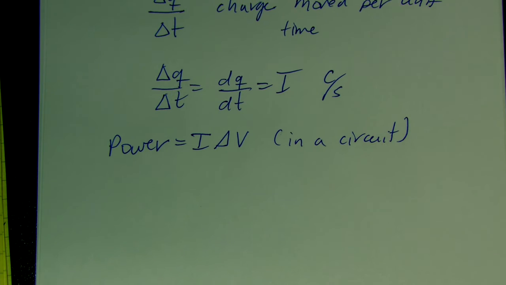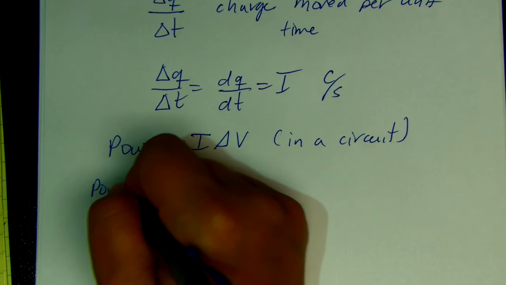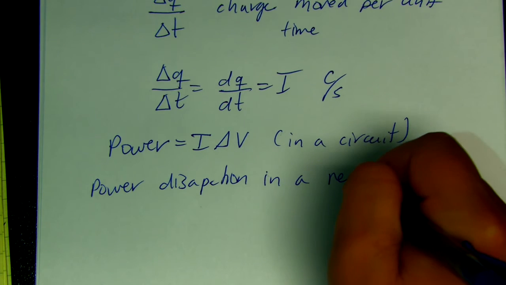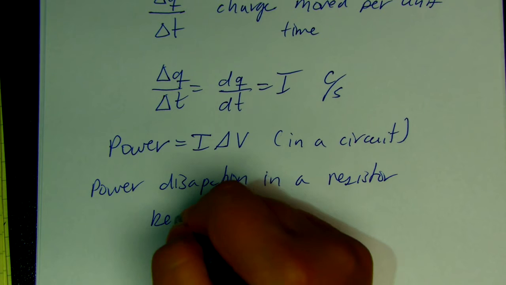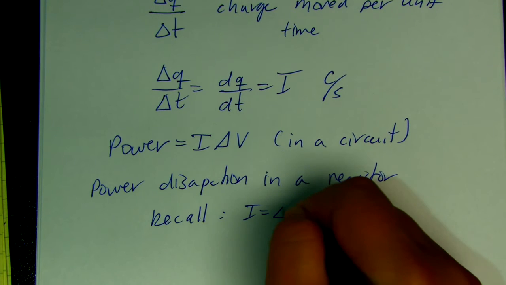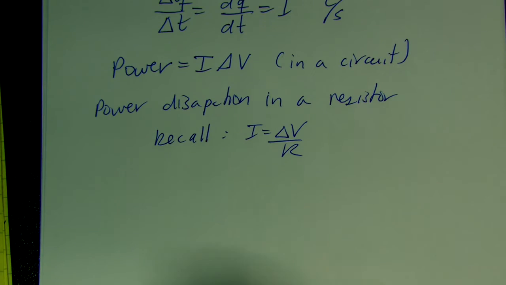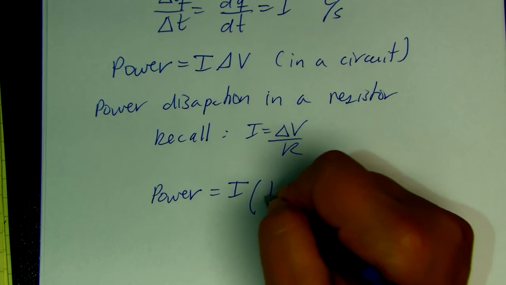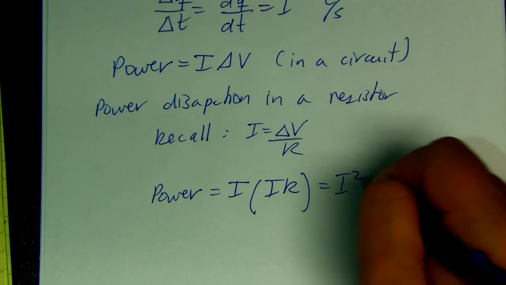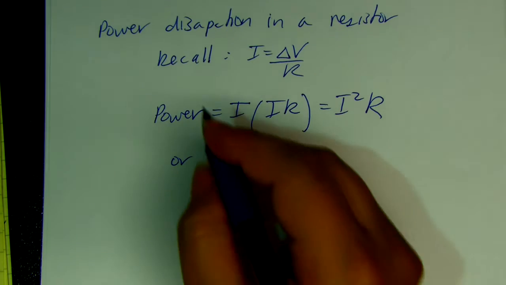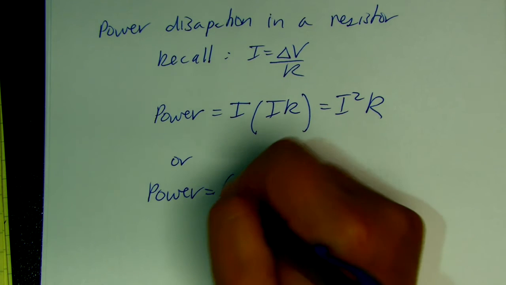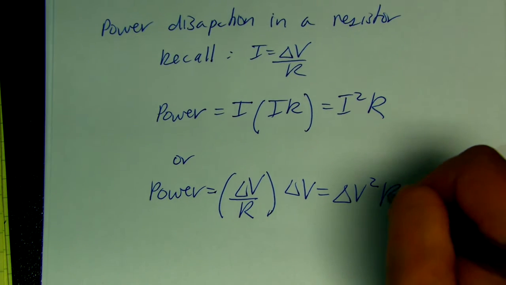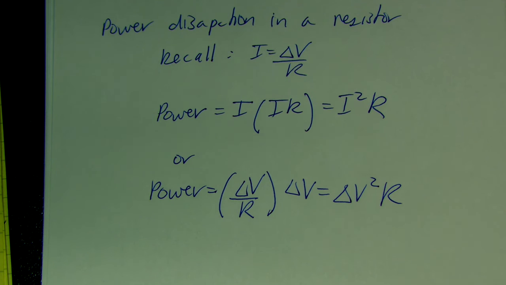So let's think about power dissipation in a resistor. So I is equal to delta V over R. Then it follows power is equal to I times IR is equal to I squared R, or we could write power is equal to delta V over R times delta V is equal to delta V squared over R. And as for which expression you use, well, what information do you have?